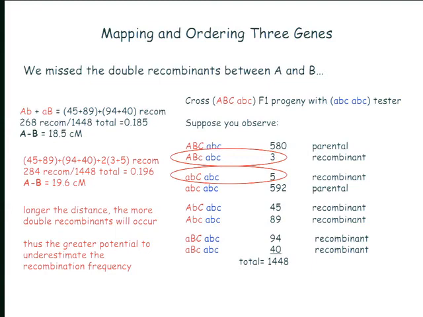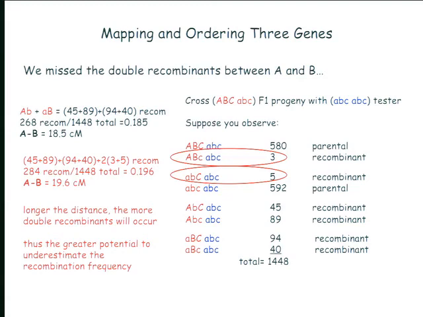This is two recombination events. Now, obviously, two recombination events are going to be less frequent than one. And that's consistent with the numbers that we see. It's the smallest populations that are these double recombinant events. But we have to add those into our calculation.